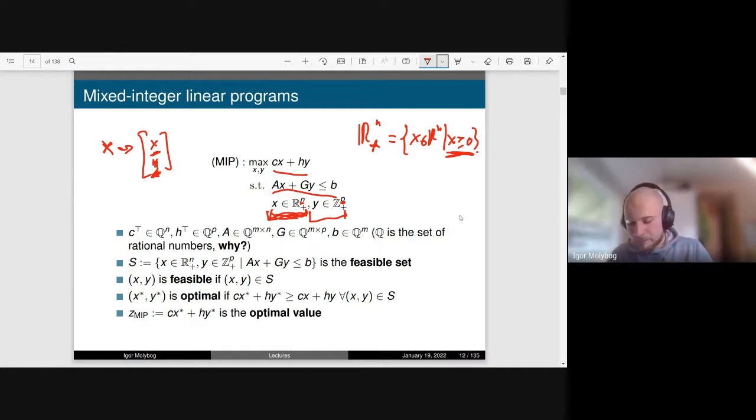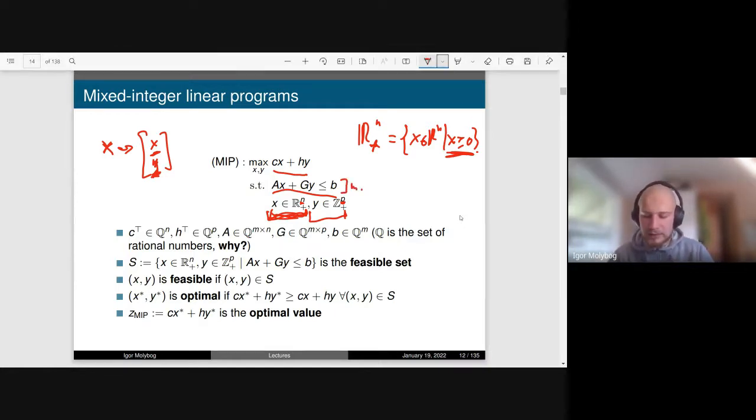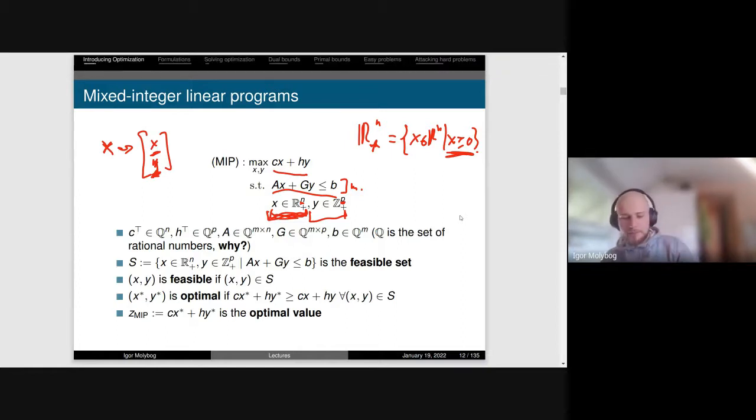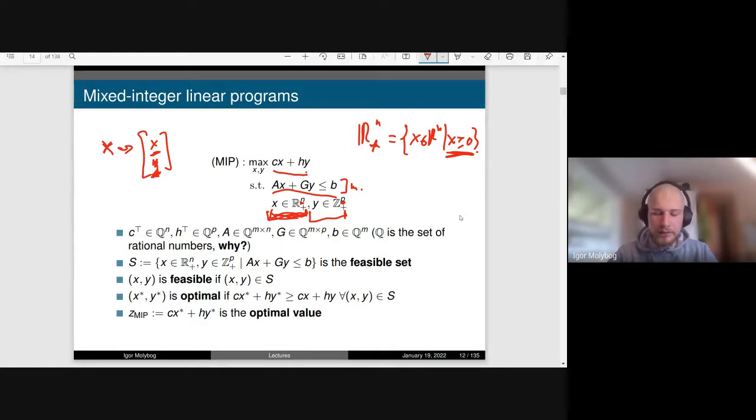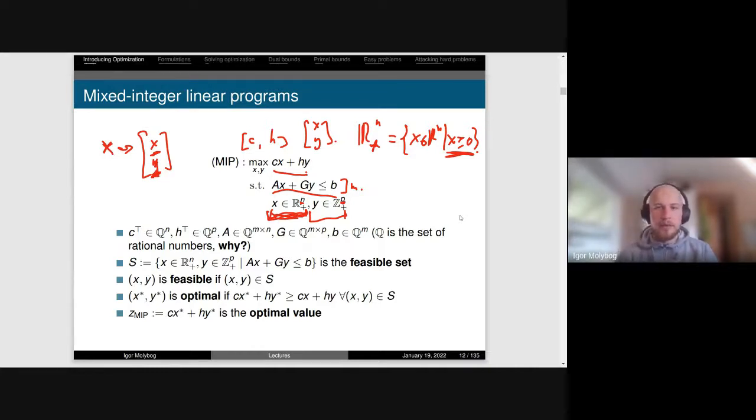And we still have some m inequalities, and our objective function is still an inner product, but instead of an inner product between c and x, now we have an inner product between the row vector c comma h and the column vector x y. So it's very, very similar to the linear programming problem.